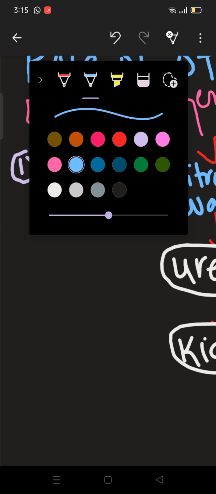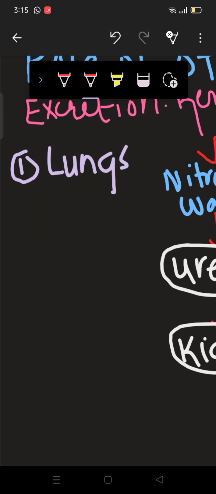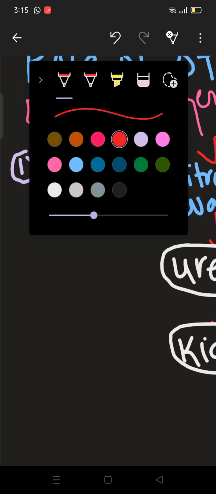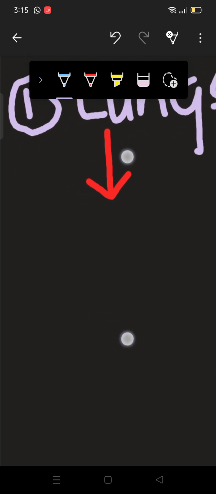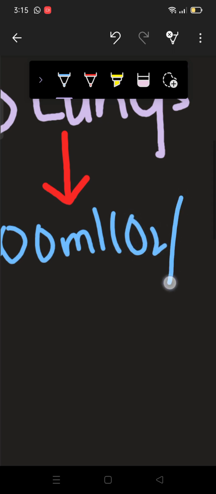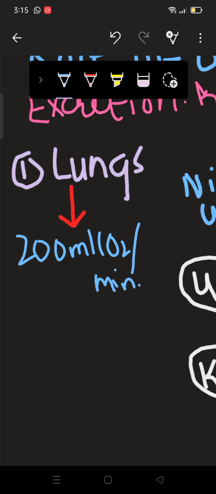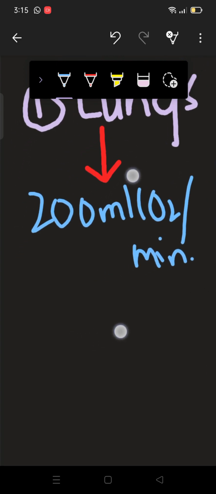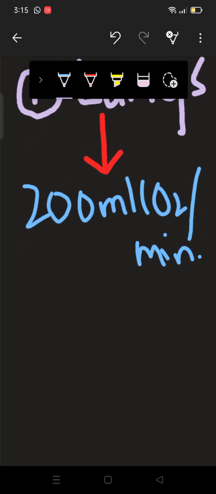We know that respiration is happening, and 200 milliliters of carbon dioxide per minute is being released. And we have tidal volume, which is equal to 500 milliliters per minute, or 0.5 liters per minute.